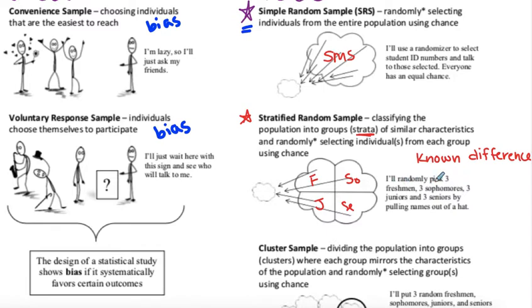So now instead of just picking 7 or 8 random students, I'm going to randomly pick 3 freshmen. I still might have all those ID numbers for freshmen and pick 3 of those, and all the numbers for sophomores and pick 3 of those. Same with juniors, same with seniors. That's how I'm going to get my sample of 12 here.